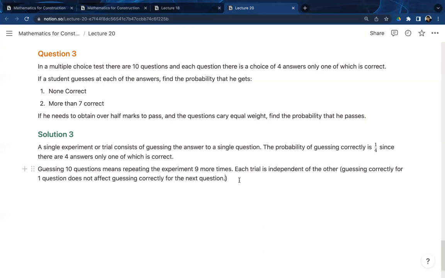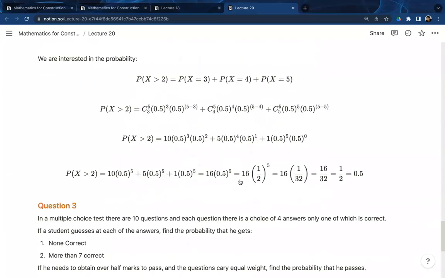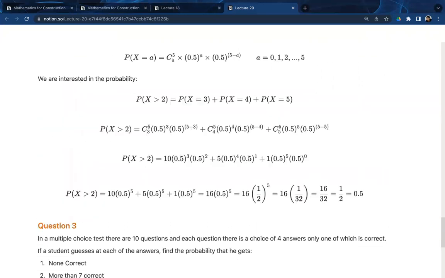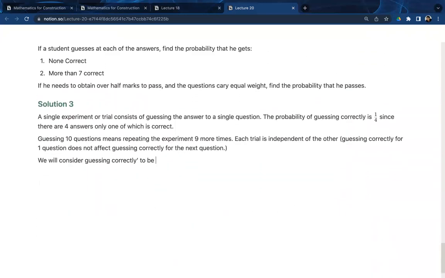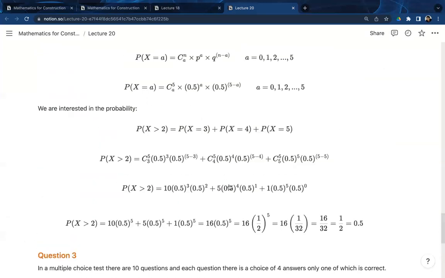So we could model this now using the language we had before. We will consider guessing correctly to be a success.